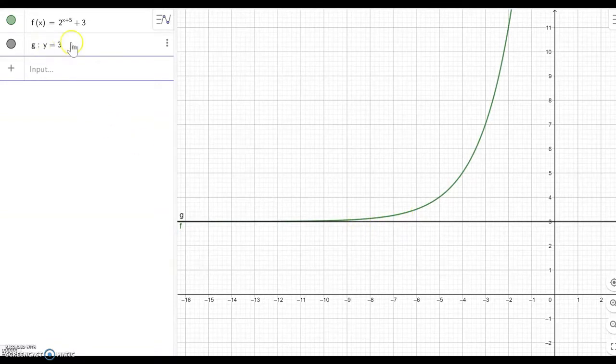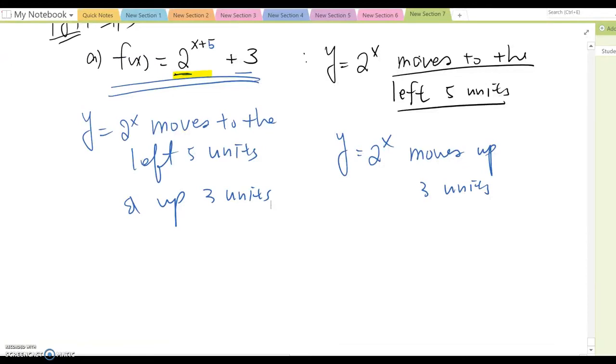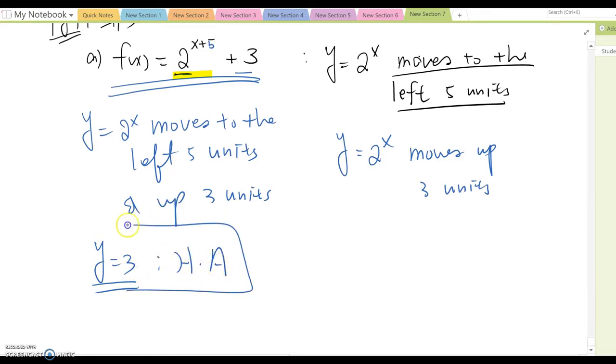Therefore, this line is our new horizontal asymptote. In other words, this number usually indicates our new horizontal asymptote. Okay, so the answer, first of all, y = 3, that will be the horizontal asymptote, right?